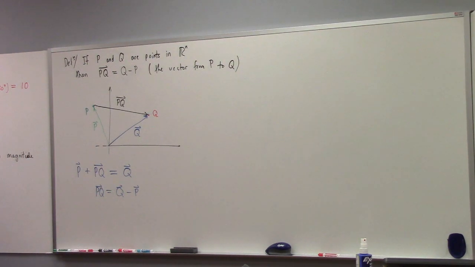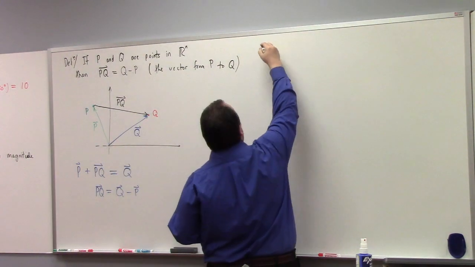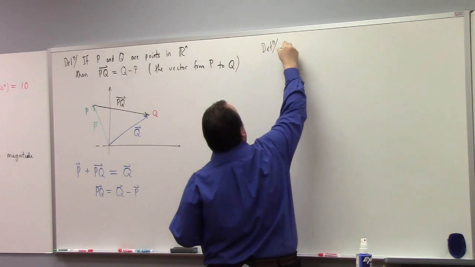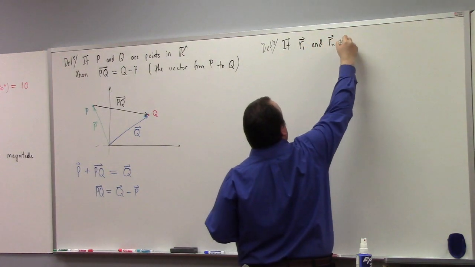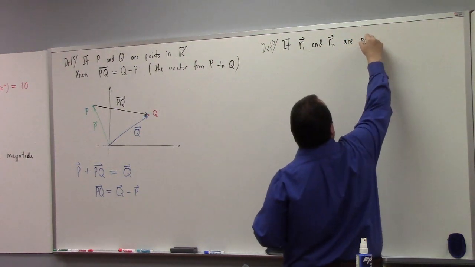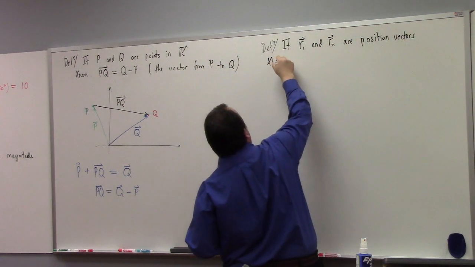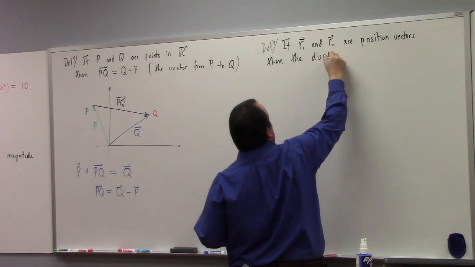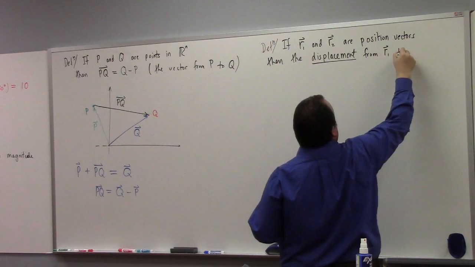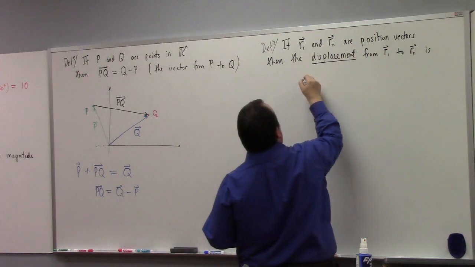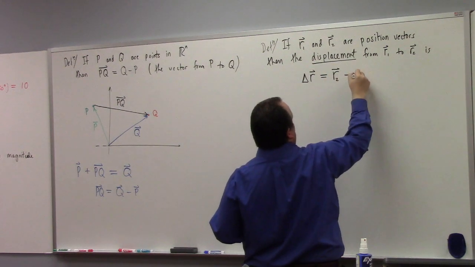This has a name also. So this is just geometry at the moment, but definition: let's say R1 and R2 are position vectors, then the displacement from R1 to R2 is delta R, which in this case would be R2 minus R1.